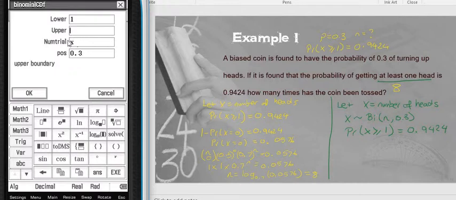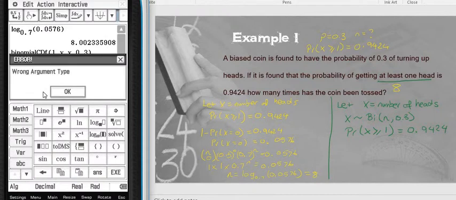Our upper value, if we have x trials, however many that might be, say x was 10, say we were doing 10 trials, the biggest value of x we could have is 10. If I was doing 20 trials, the biggest possible value of x would be 20. Because I'm doing x trials, the biggest possible value I can have is x.